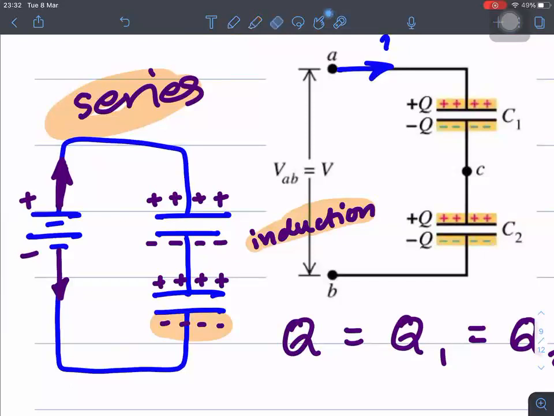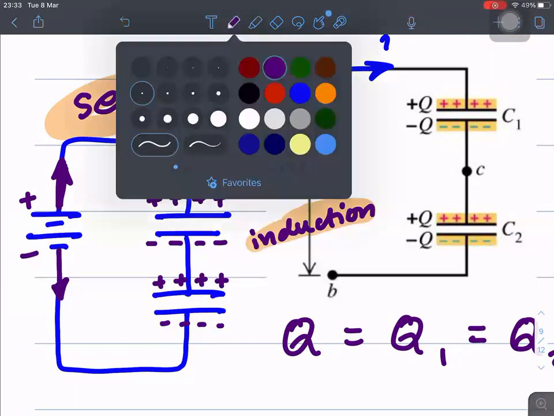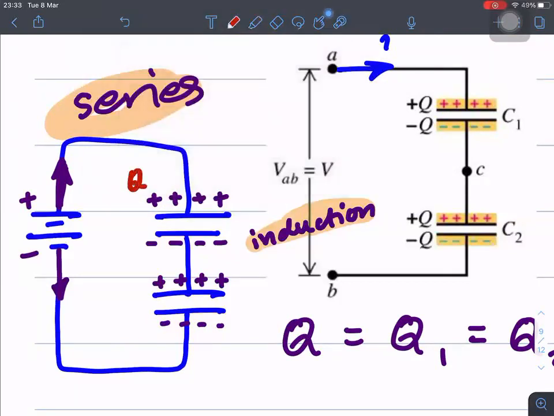And then we can roughly say that if the charge on this plate is plus Q, the charge on this plate must be minus Q to cancel out.